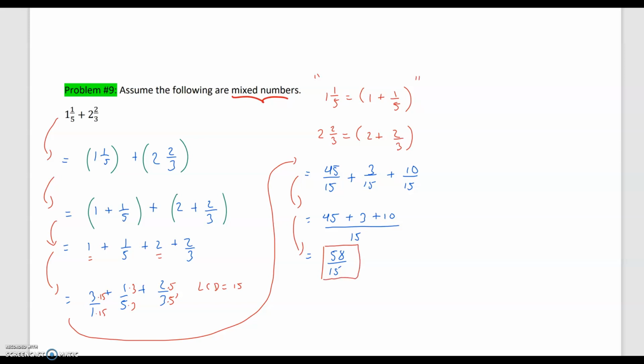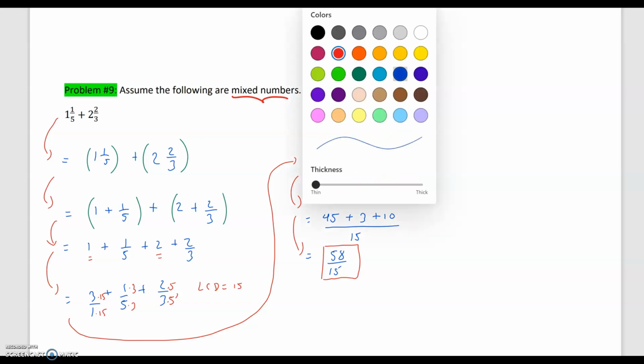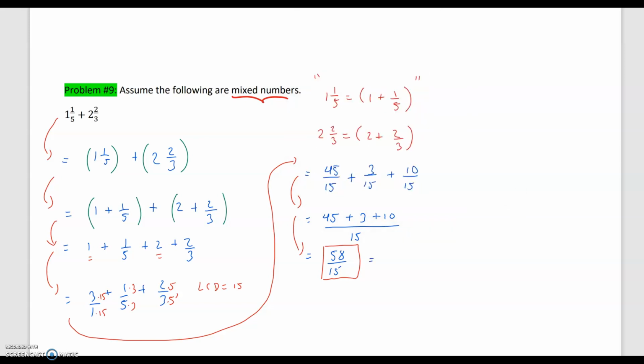The only problem is if you express it as an improper fraction. Some of the problems, especially on the homework assignments, are given as mixed numbers, so they're going to want a mixed number. So at this point, I'm going to go ahead and technically divide those two.